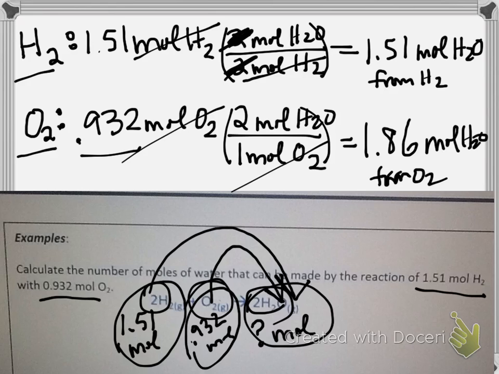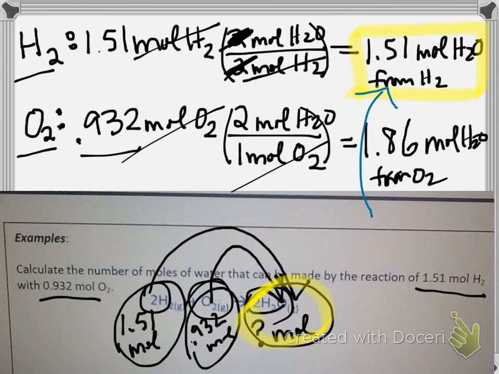And then my next question is, wait a second, I can only make so much water. It asks me how much water I can make. I can't make both quantities, I can only make one. We're always going to make the lesser quantity. The amount that could theoretically be made is always from the limiting reagent.